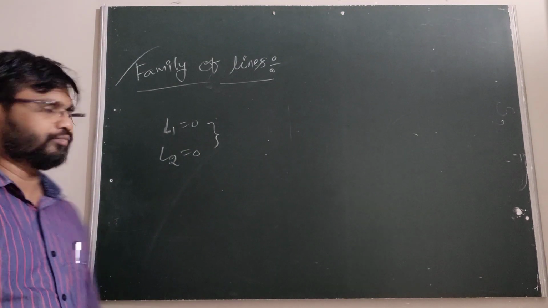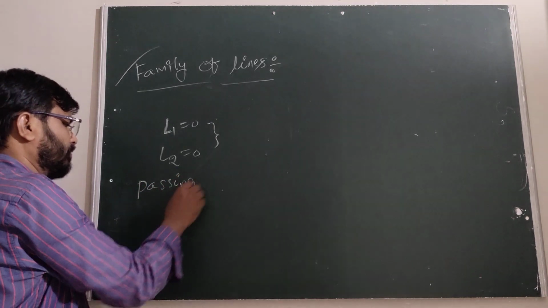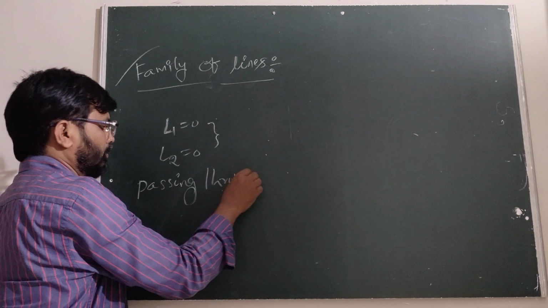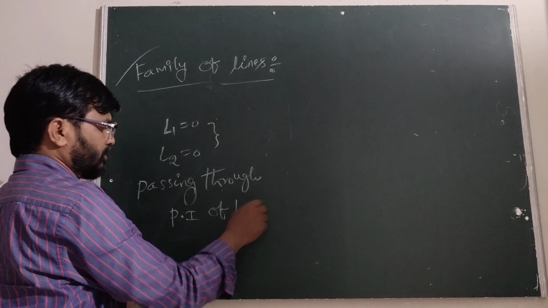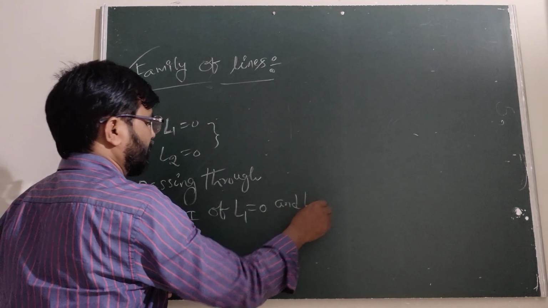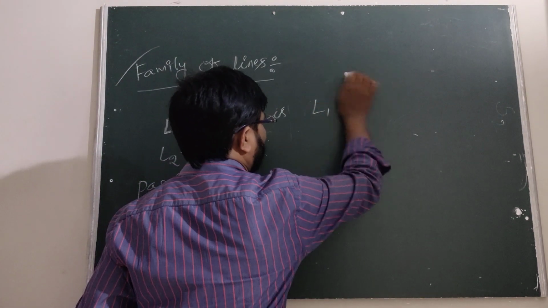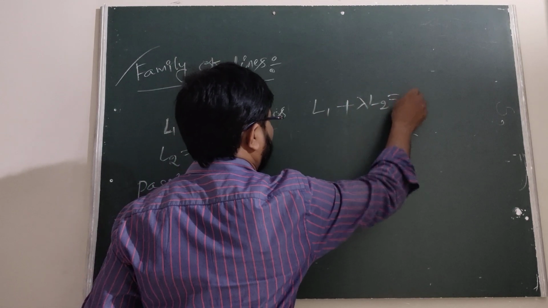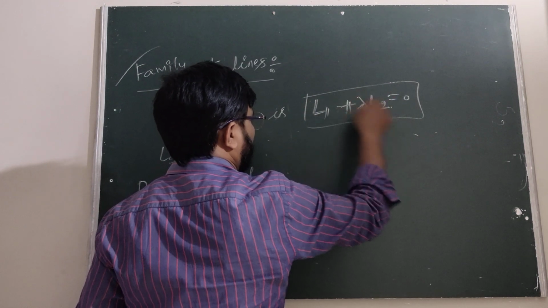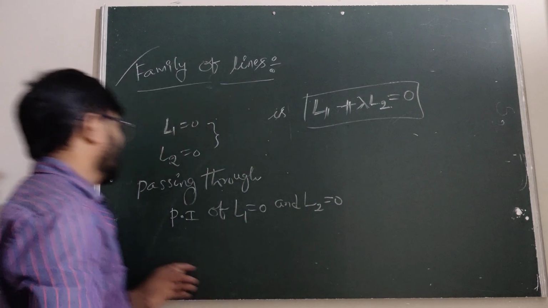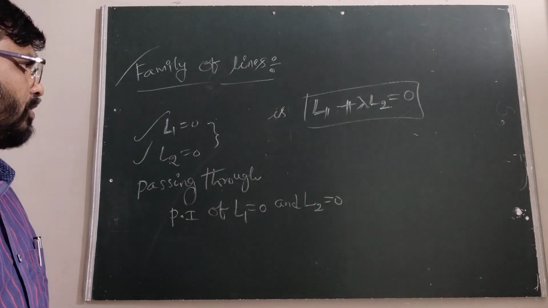The equation of the line passing through the point of intersection of L1 equal to 0 and L2 equal to 0 is L1 plus lambda L2 equal to 0.